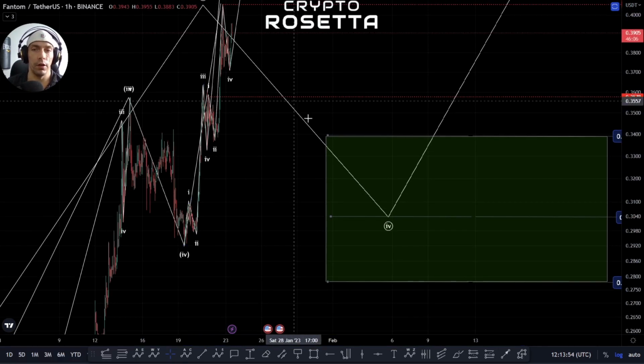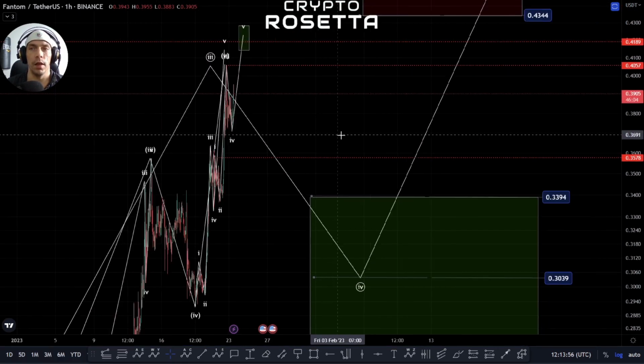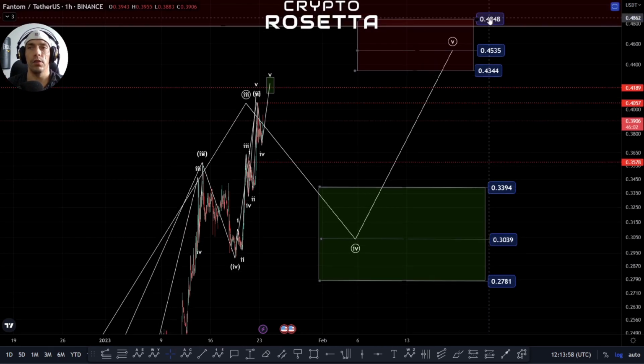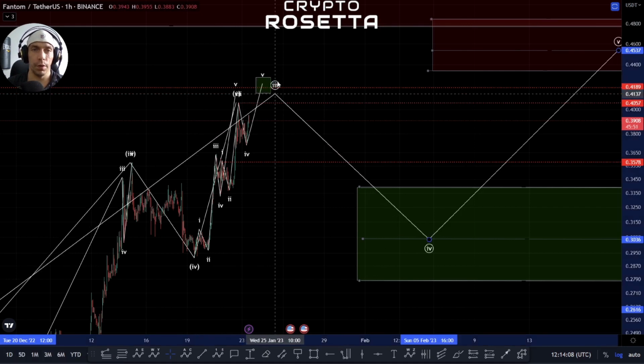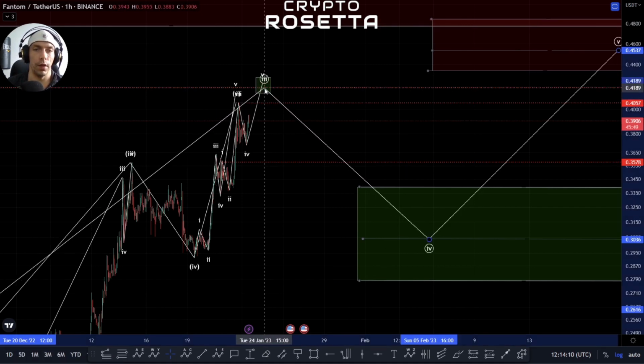If we do push down into this zone again, it is possible that we then have an additional wave to the upside, which would be this 48.48 to this 43.44 area. So this all depends on whether we get this additional leg to the upside here.